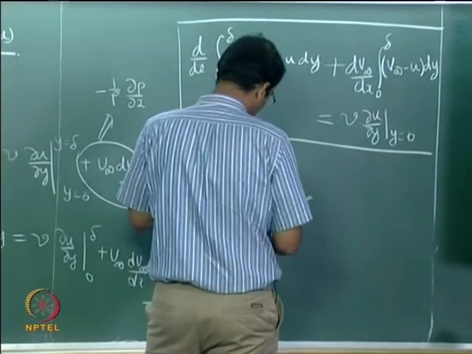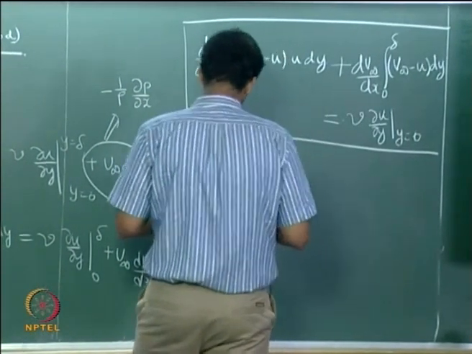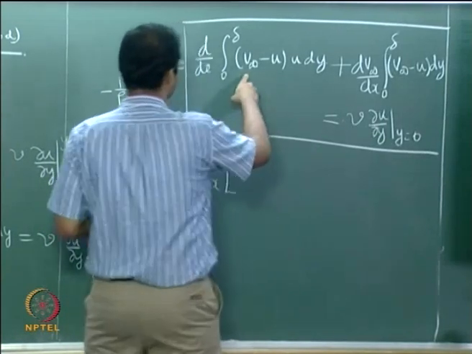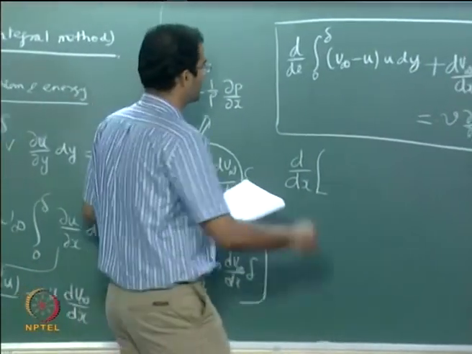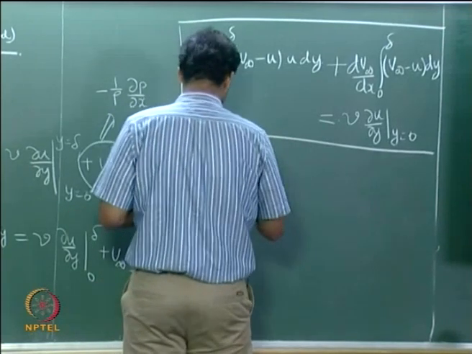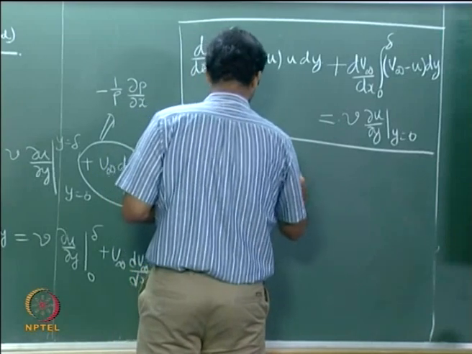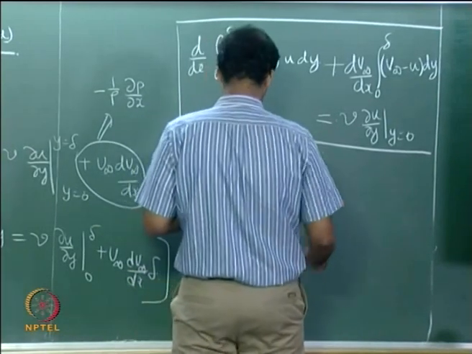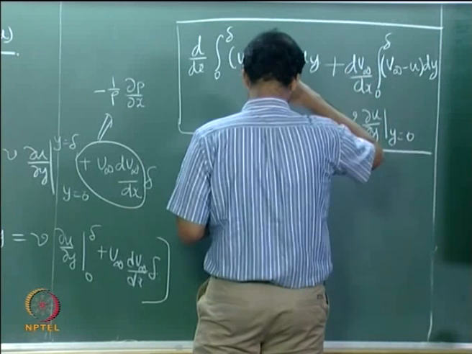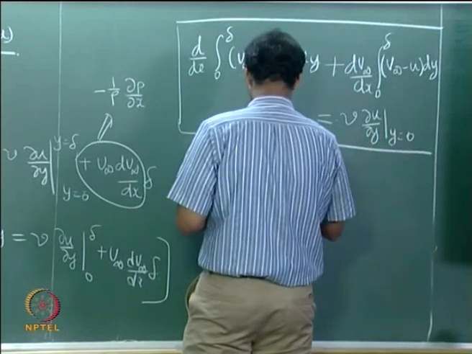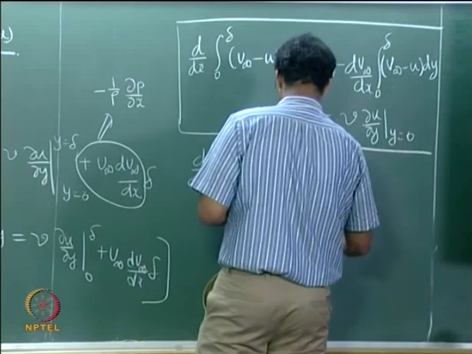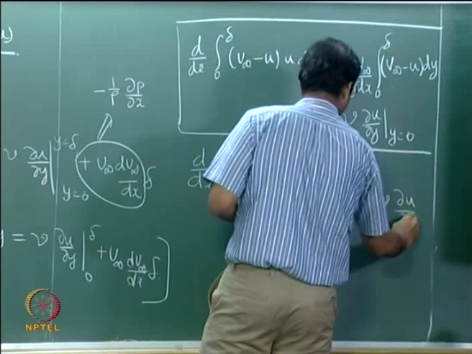In fact, I can also rewrite in a more familiar form. I can write this as d by dx of, multiplying and dividing by u infinity square for this particular term, u infinity square into, I will just denote this as delta 2, plus, for this term I can multiply and divide by u infinity. I will call that delta 1 into du infinity by dx, and on the right hand side I have this as it is.